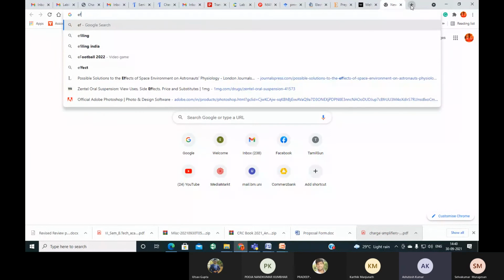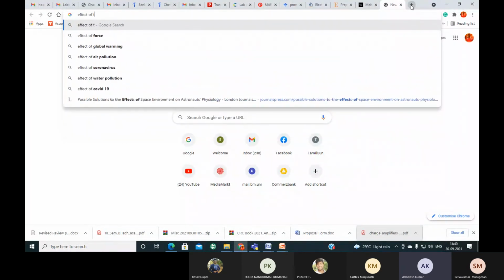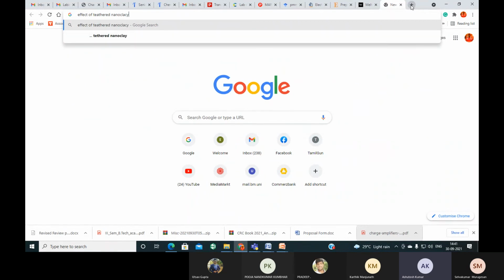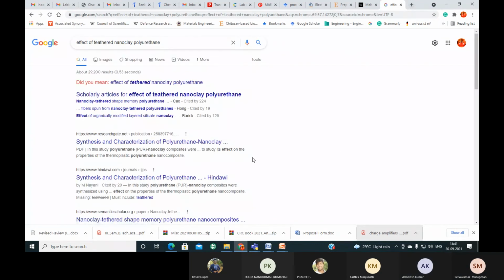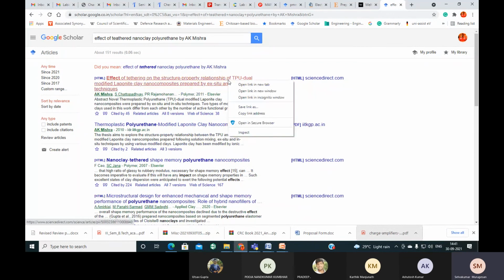But they just gave the preparation process, like how it will be processed through melt mixing, casting, solution casting, and in situ. But they did not compare any of the properties. So again, it was worthless to go through that. Say, for example, not this paper, sorry, this paper.